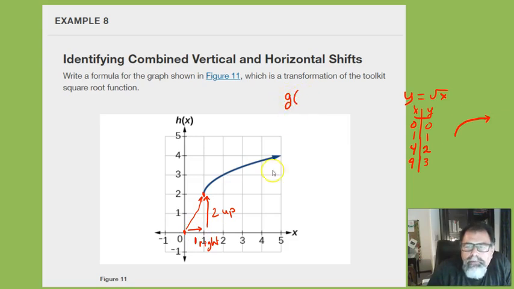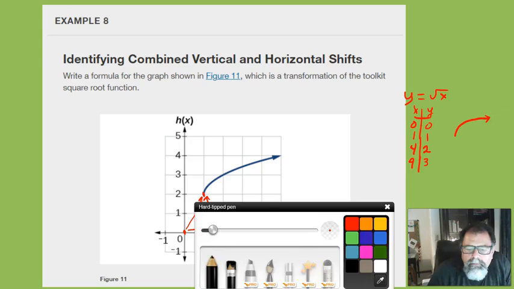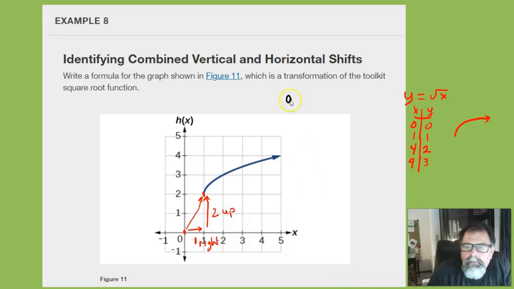So for our transformed graph, we're going to take our original graph. Oh, you know what? They're calling it h of x. So h of x is going to be our toolkit f of x, and we're shifting it right 1, so this would be -1, and then up 2, so then you do the +2 outside.